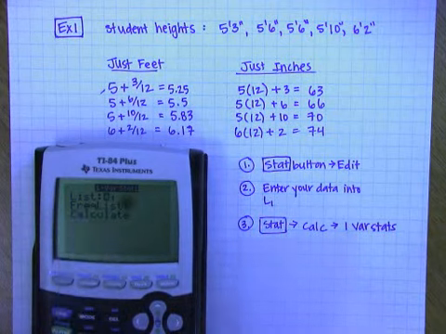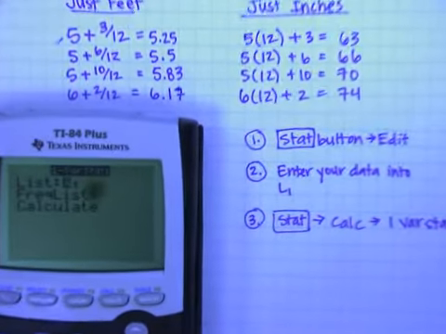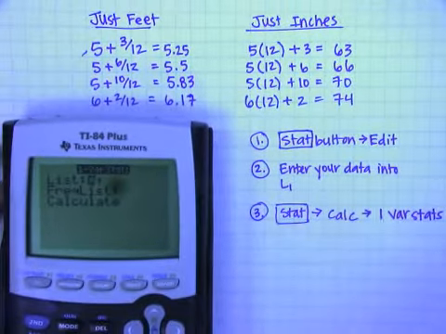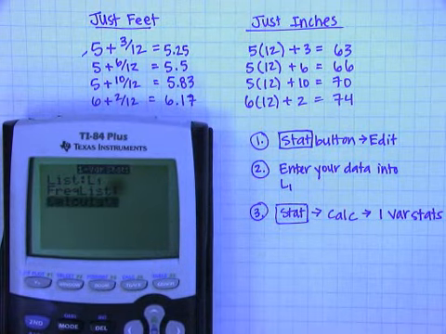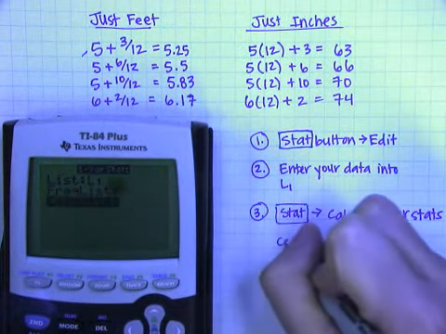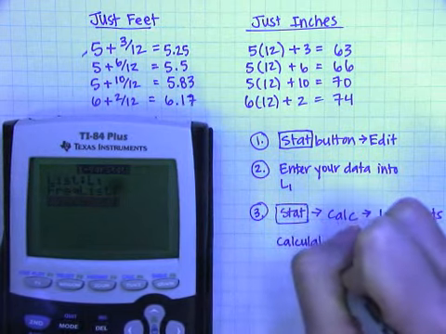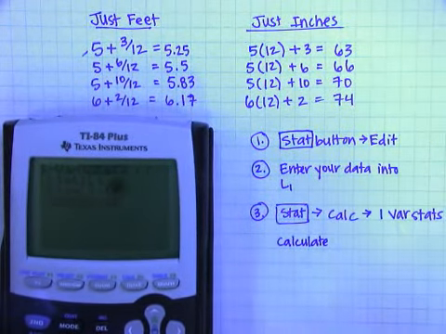Now, it should say list is L1, that's good. And the frequency we don't worry about, so we're just going to go down to calculate and hit enter.